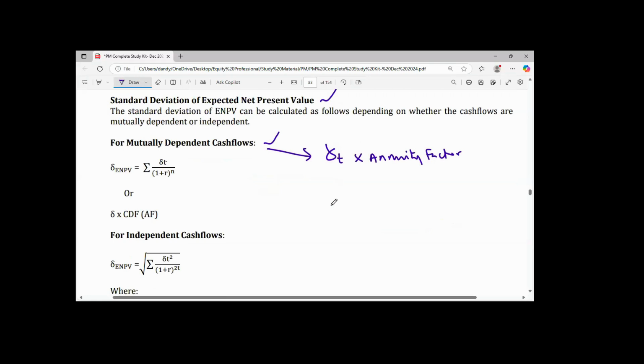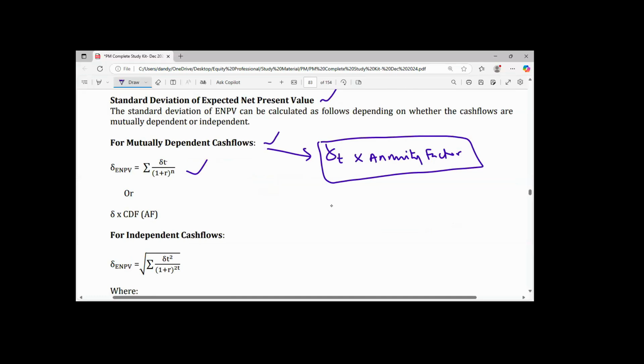And I always advise students to use this particular formula to calculate the standard deviation of NPV if you are given mutually dependent cash flow, because if you use the other one, it's a waste of your time. You would have to do it for all the relevant years. Say, for example, the project has about 5 years life.